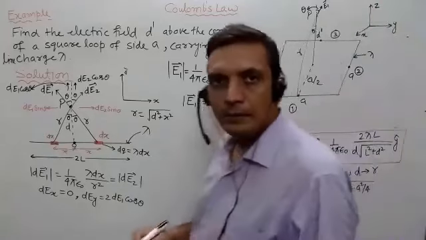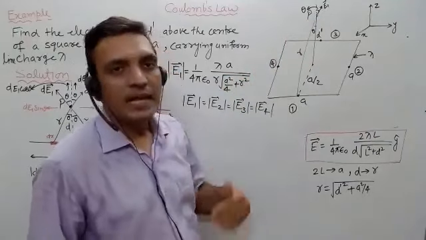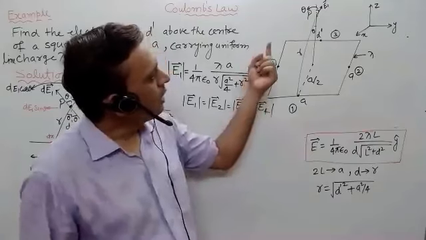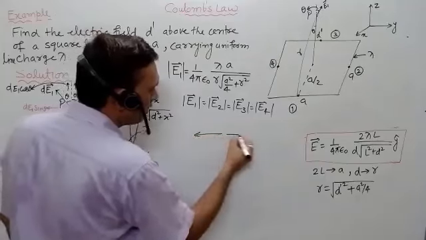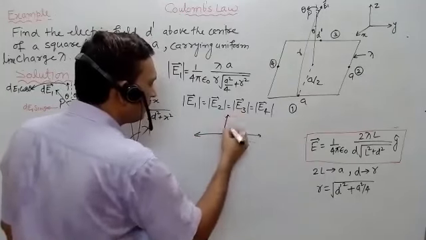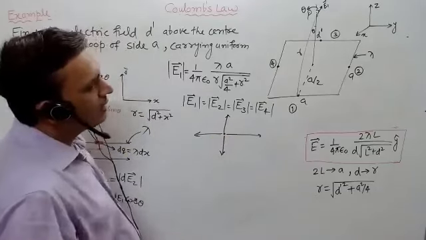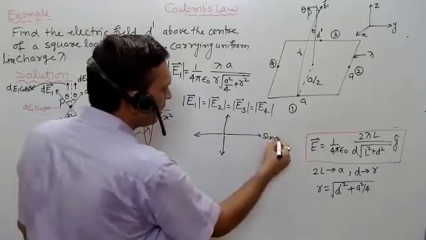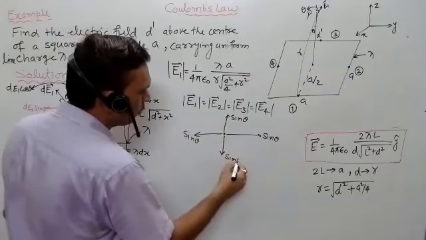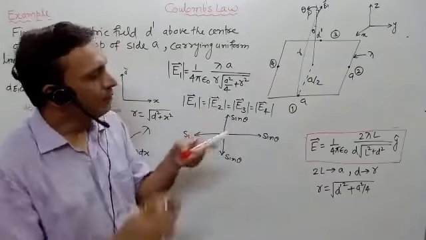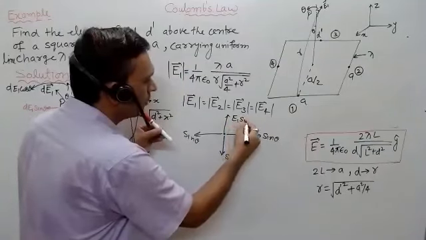So in the xy plane, you will get the sine theta component, and corresponding to each one you have 4 components: this direction, this direction, this direction, and this direction. This is in the xy plane, and all are sine theta components. For example, if this direction is E1, this component you can write as E1 sine theta.